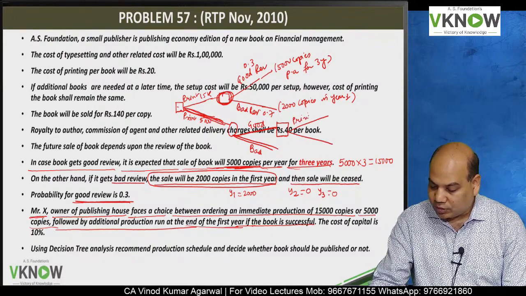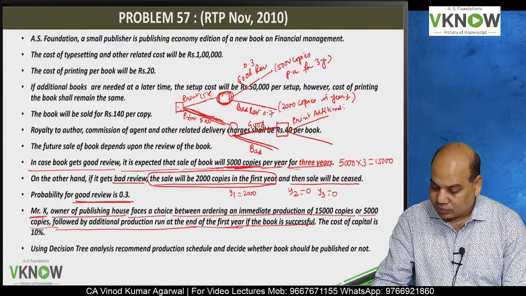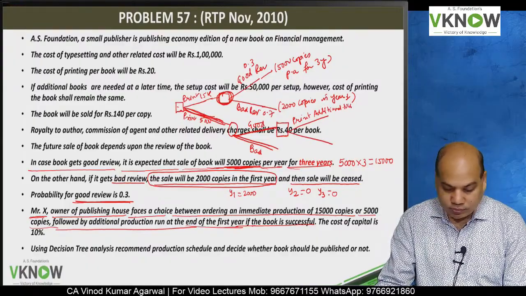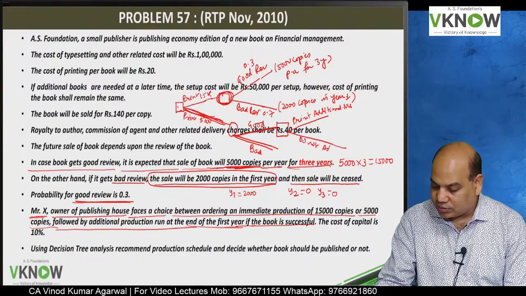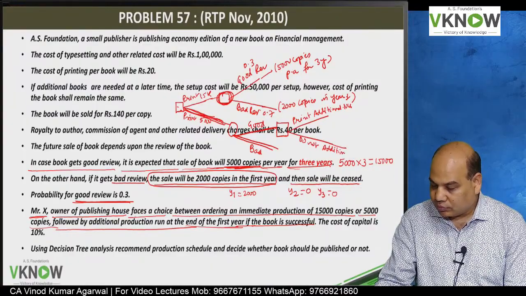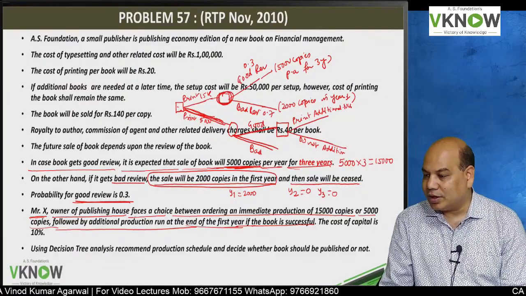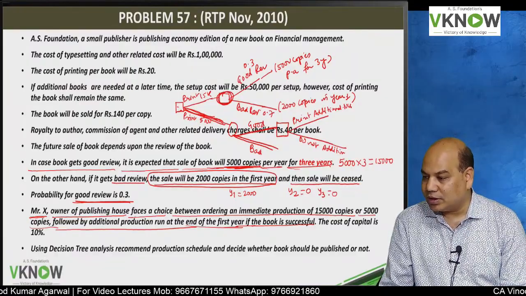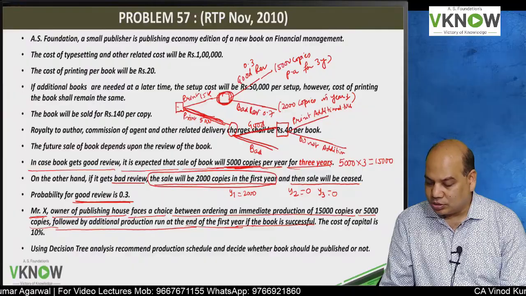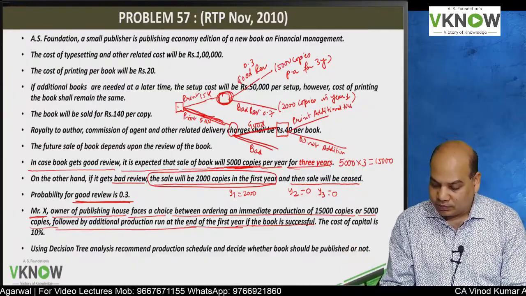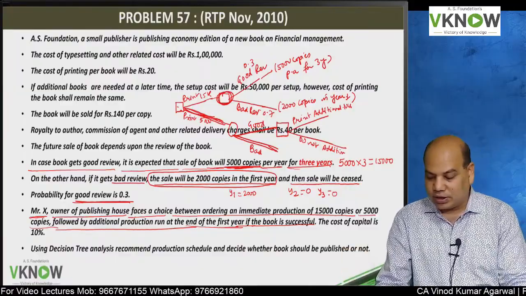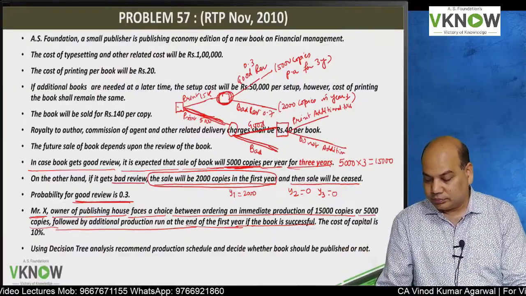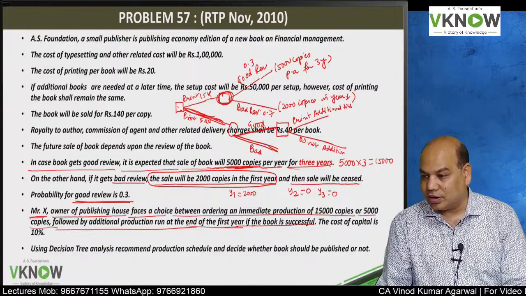You have to print an additional 10,000 copies or do not print additional 10,000 copies. We have a choice. After getting good review, we can print additional 10,000 copies or not. And if it is bad review, of course you are not going to print additional copies. So this is my decision tree.